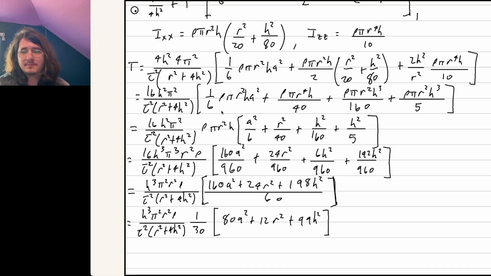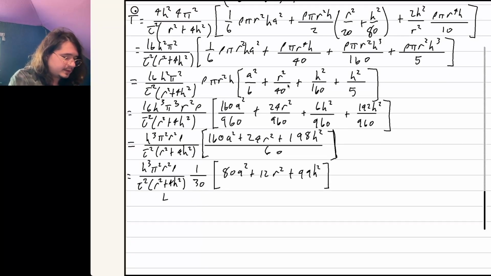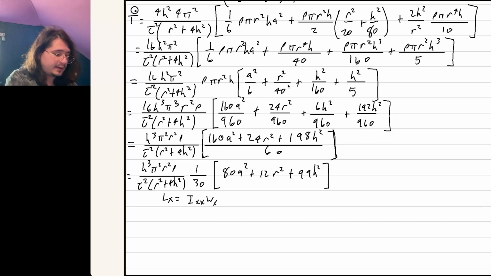I think that's about as simple as it gets, actually. So, there you go, kinetic energy. Let's now look at the angular momentum components, which are very simply the principal moments of inertia times the angular velocities, right?